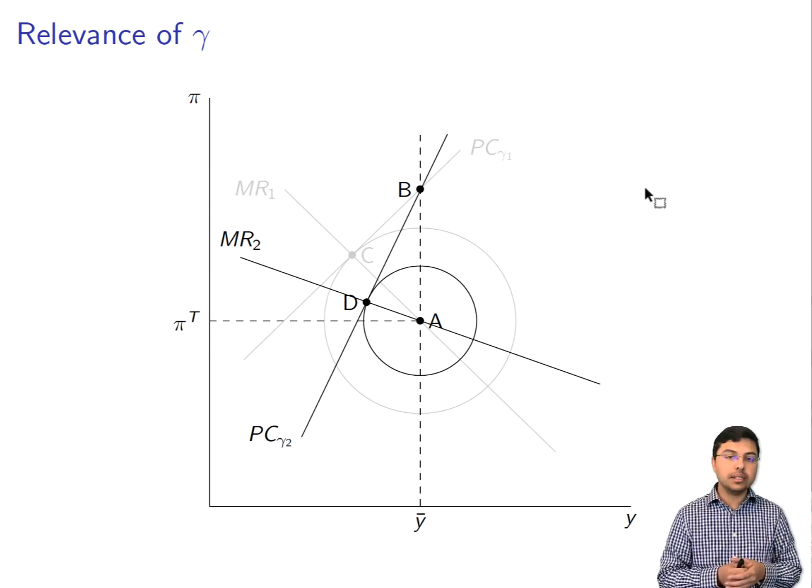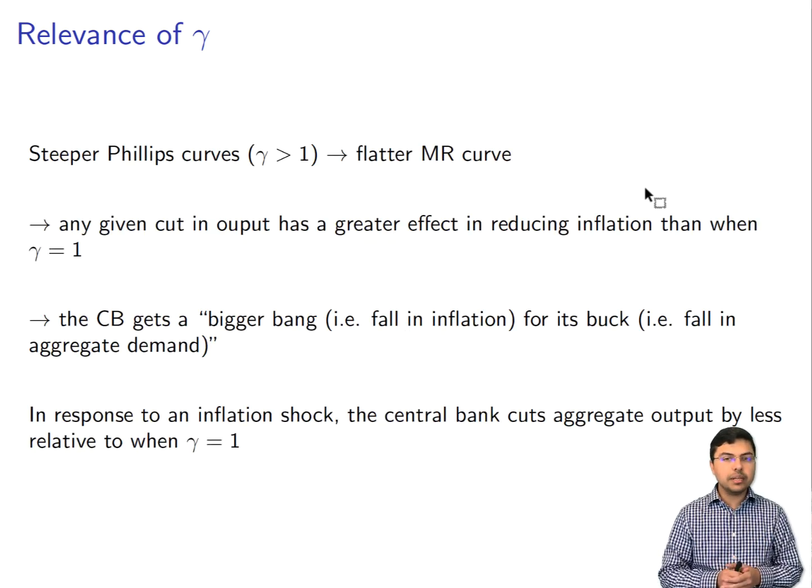On the other hand, as gamma decreases, the MR curve becomes steeper. And what is the implication of a steeper Phillips curve and a flatter MR curve? As we can see from the previous slide, any given cut in output has a greater effect in reducing inflation than when gamma is equal to 1.